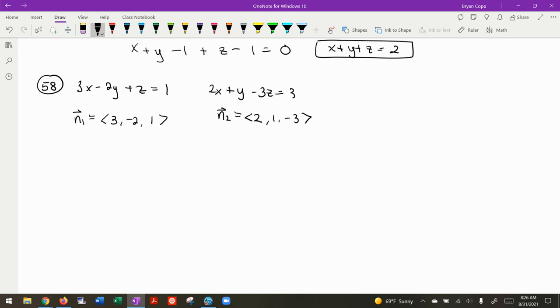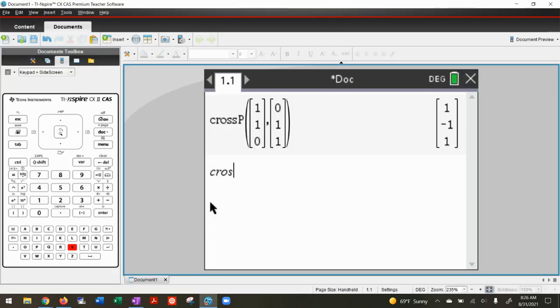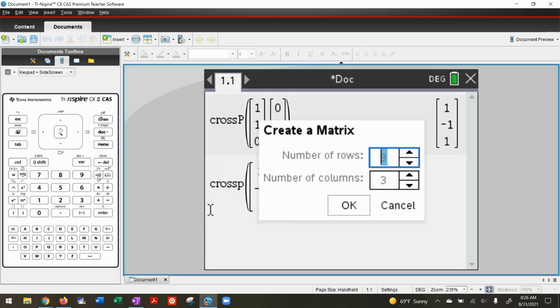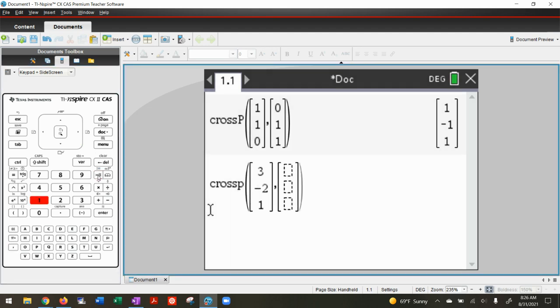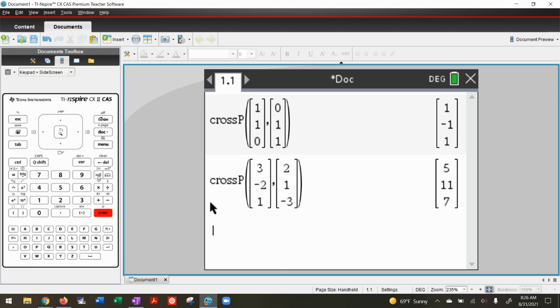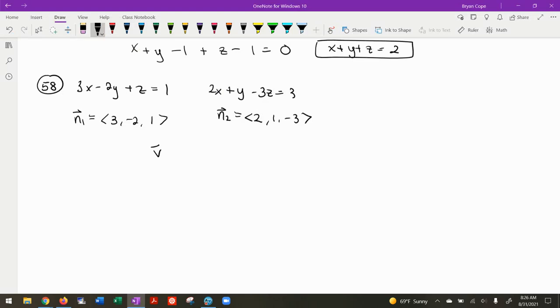I'm just going to do the cross product on the calculator just to save a little time. Okay, so 3, negative 2, 1, and 2, 1, negative 3 gives 5, 11, 7. So the direction vector for this line is 5, 11, 7.